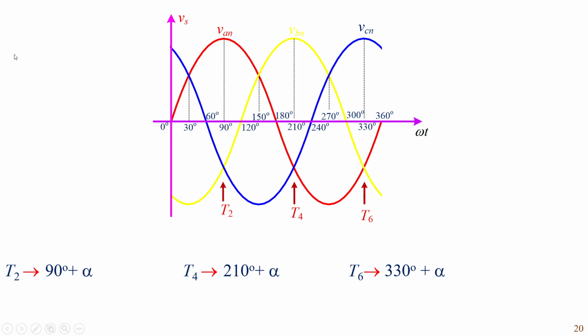If you look at the waveforms, the voltage of phase C is more negative from omega t equals 90 degrees. So T2 is turned on at 90 plus alpha, T4 is turned on at 210 plus alpha, and the voltage of phase B is more negative from omega t equals 330 degrees. So the thyristor T6, which is connected in B phase, is turned on at 330 plus alpha.